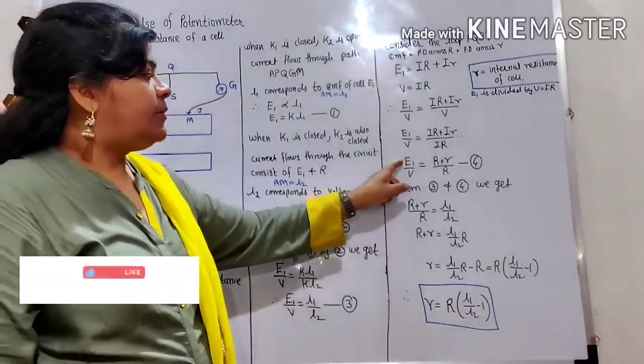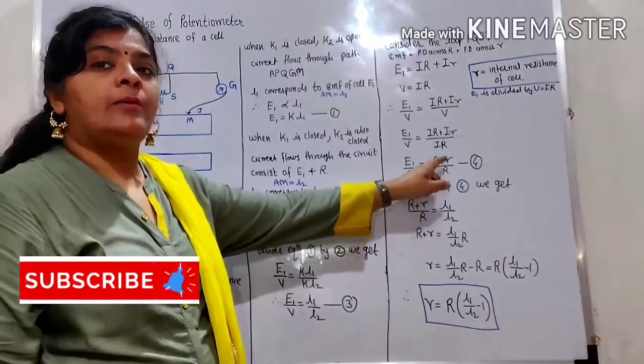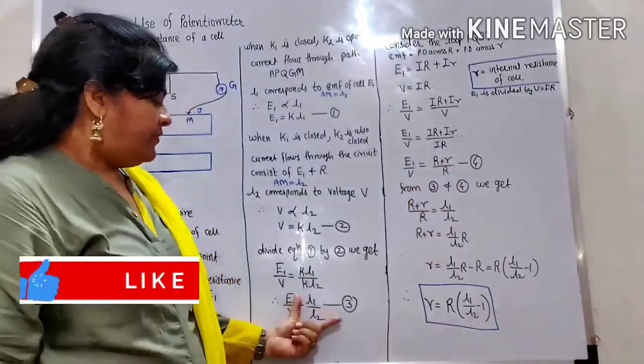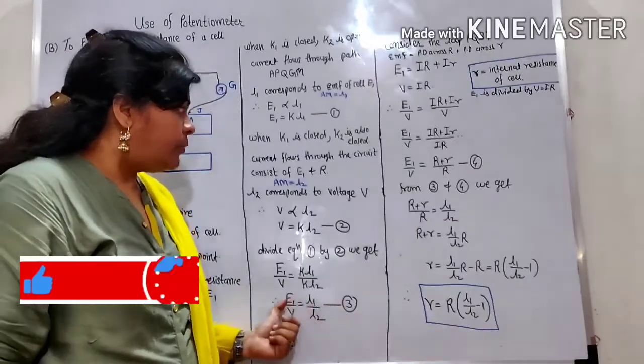That is, E1 upon V is equal to R plus small r divided by R, and previously we calculated E1 upon V.